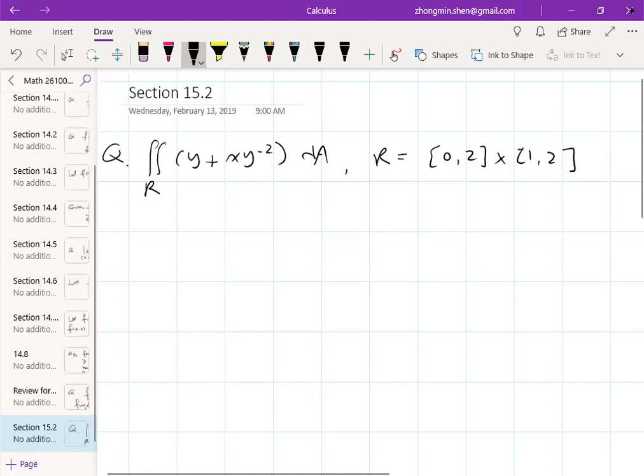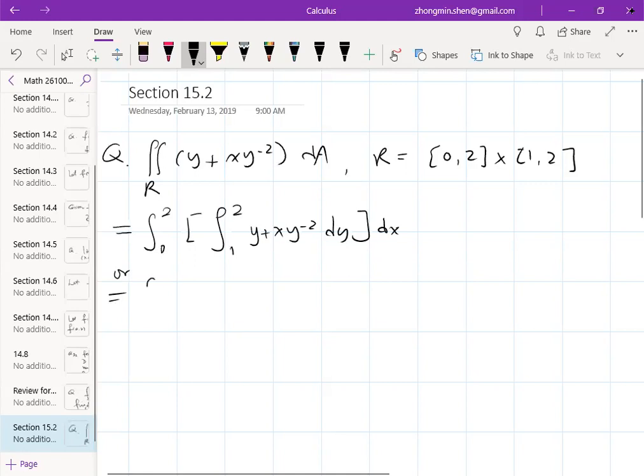Now, according to Fubini's theorem, you can evaluate using either of these iterated integrals. It can be the integral from 0 to 2 and from 1 to 2 of y plus xy to the negative 2, dy dx.